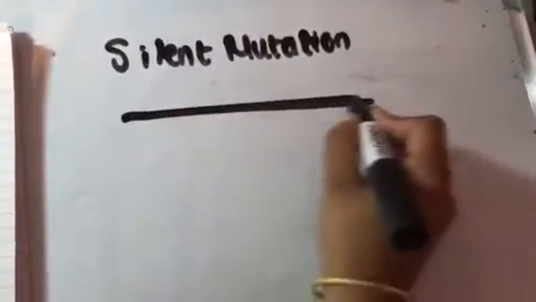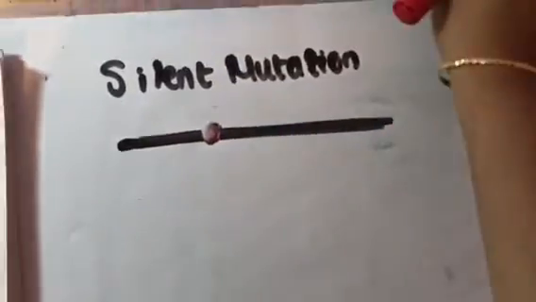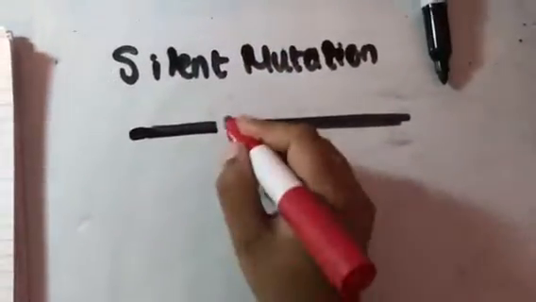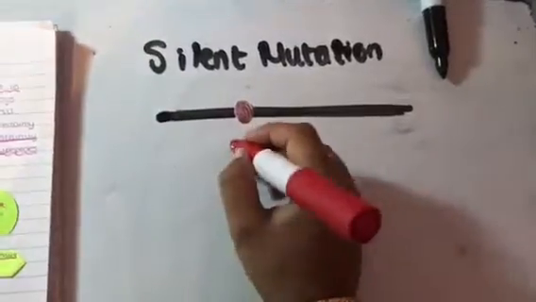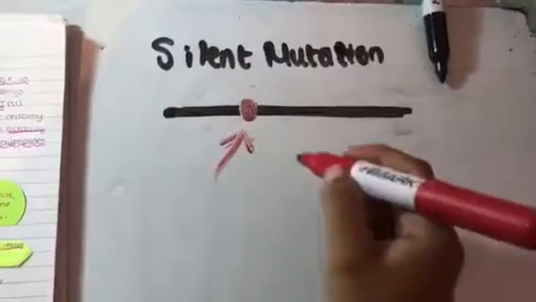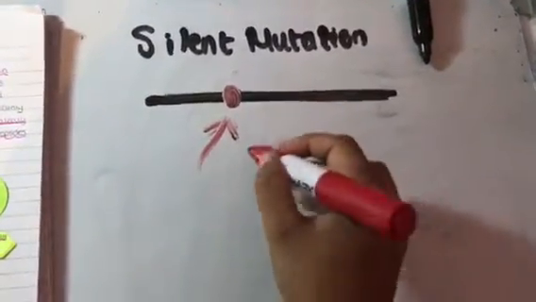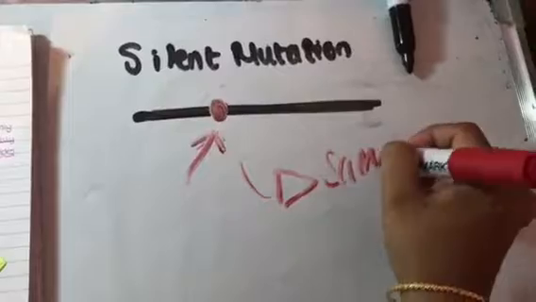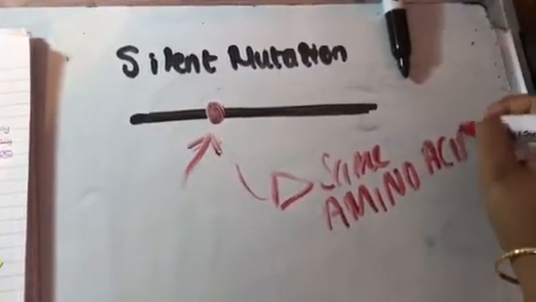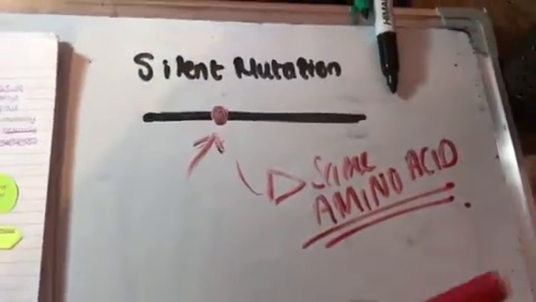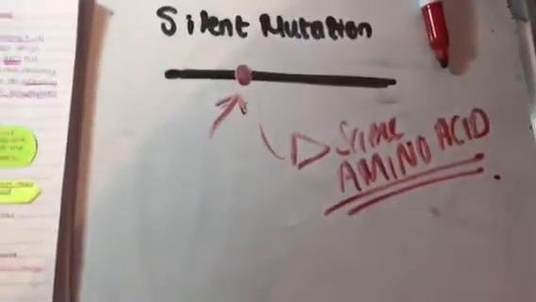If I had a base pair here, it's a long sequence, and I had one little change here, and a little change here, and a change here, sometimes this is a point mutation. It's a mutation, but it still produces the same amino acid in this case. So it still produces the same amino acid.